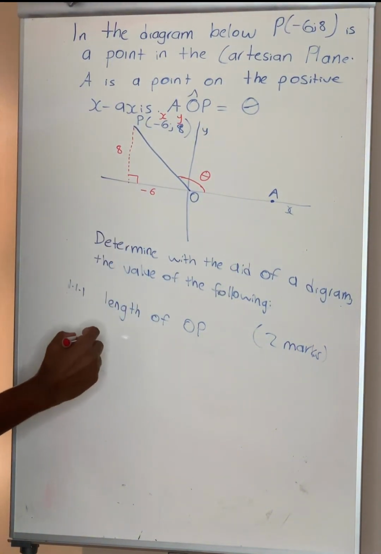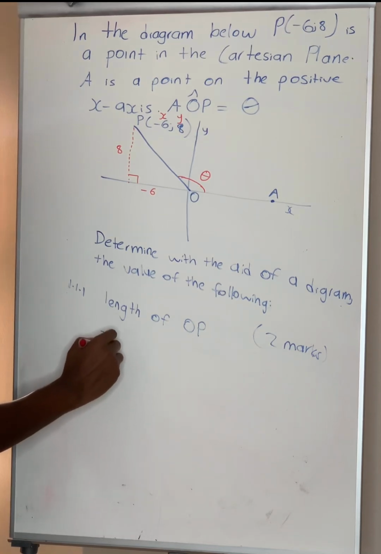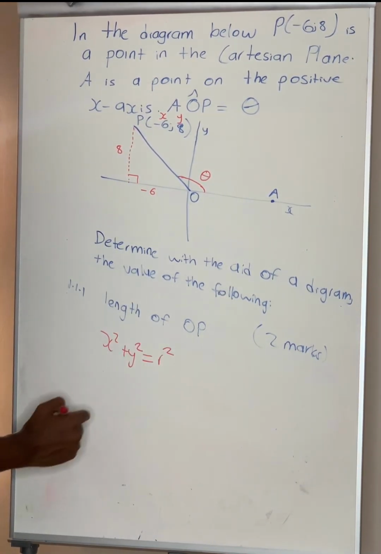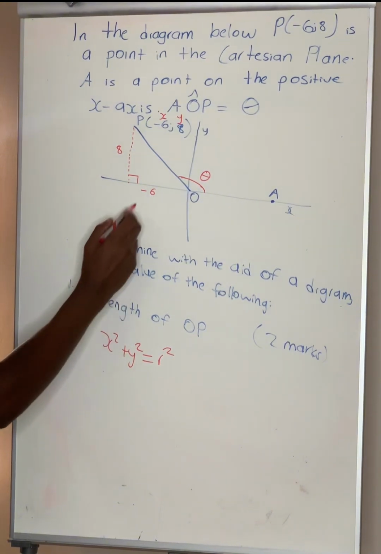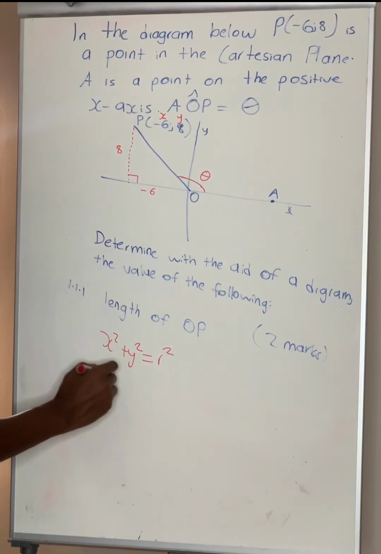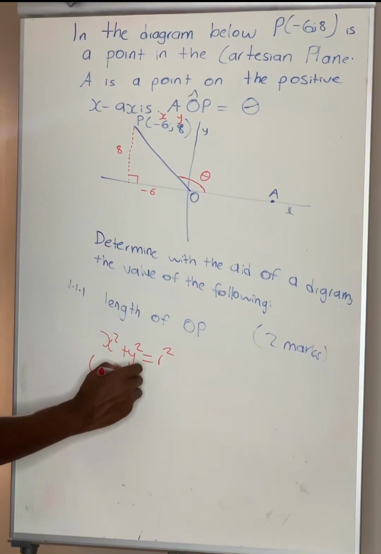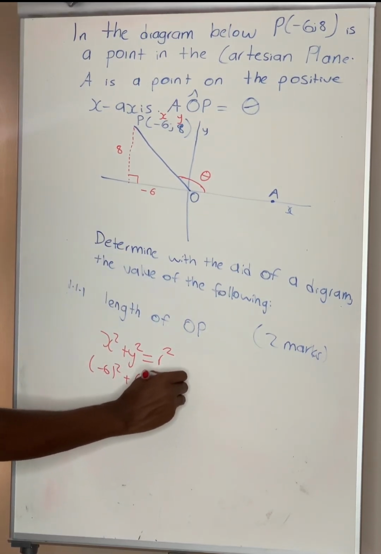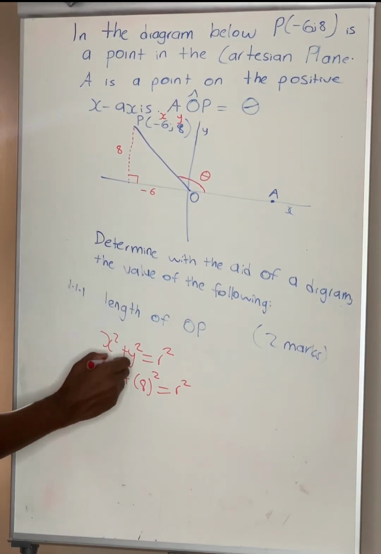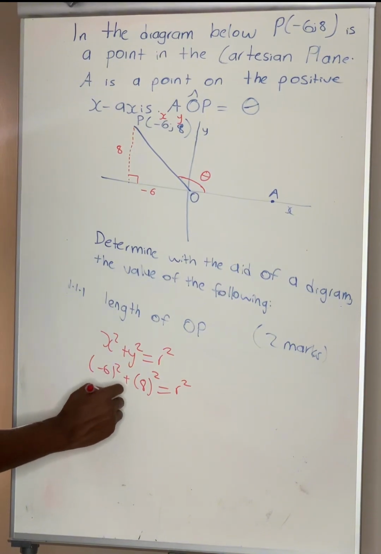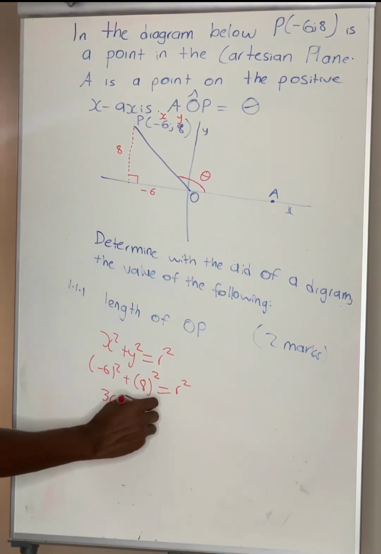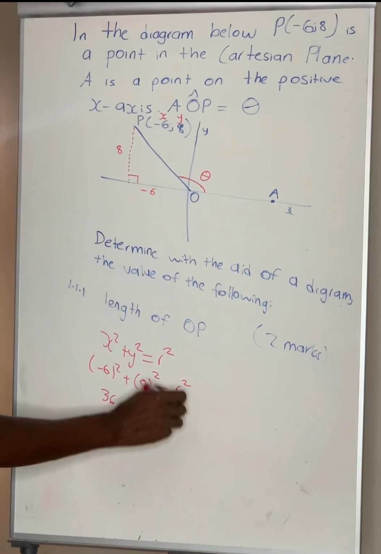Okay, so we're going to use the Pythagoras theorem. So it's x squared plus y squared is equal to r squared. X is -6 all squared plus y is 8 all squared is equal to r squared. -6 all squared is positive 36, plus 8 squared, that is 64, is equal to r squared.